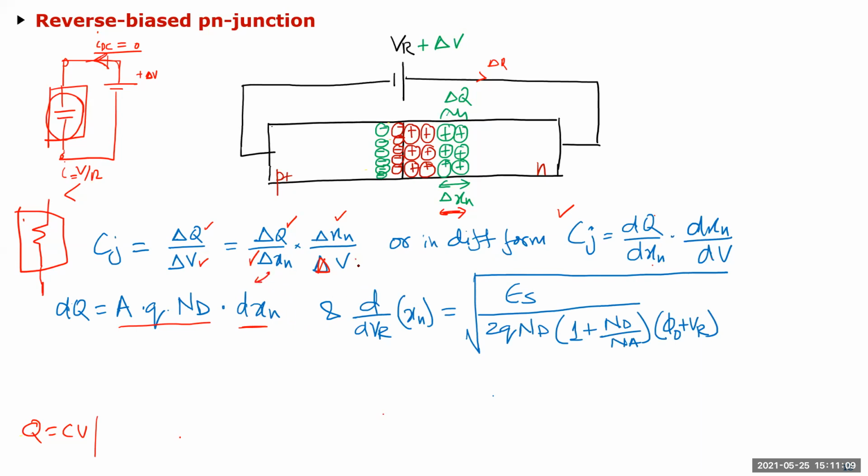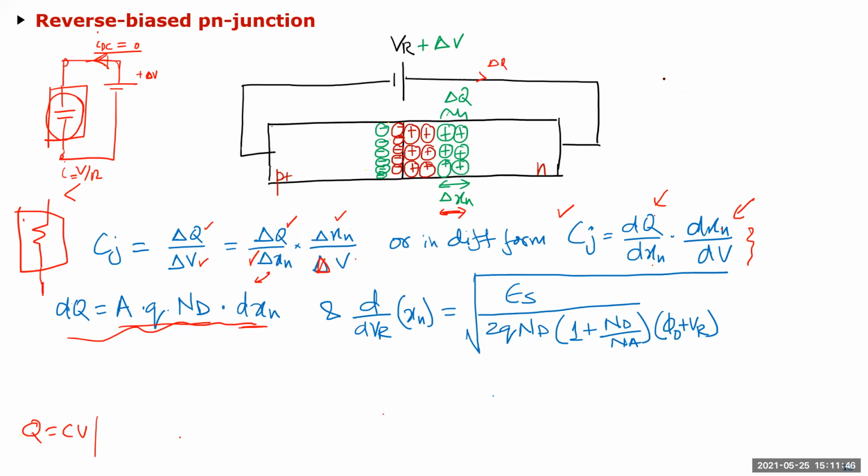Now what I want is to take the expression of xn which I derived last time and find this derivative. I know the expression for xn from my previous equation. I differentiate it with respect to VR, which is the reverse bias voltage, which is nothing but the voltage across the barrier, the built-in voltage plus the applied voltage from this battery.